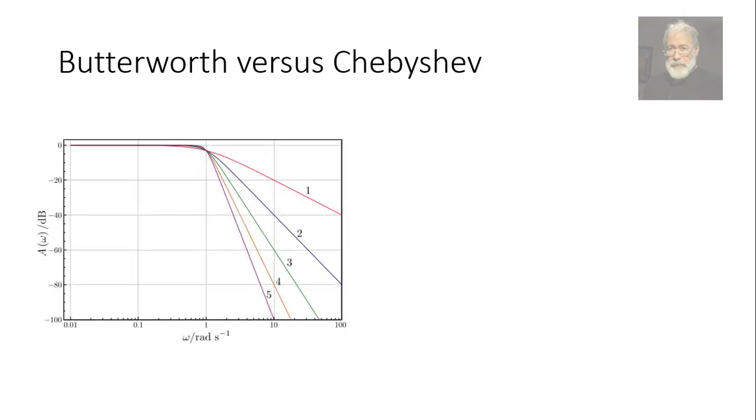Look, there you see the Butterworth filter responses, and in the passband they are smoothly flat, and you see the transition bands.